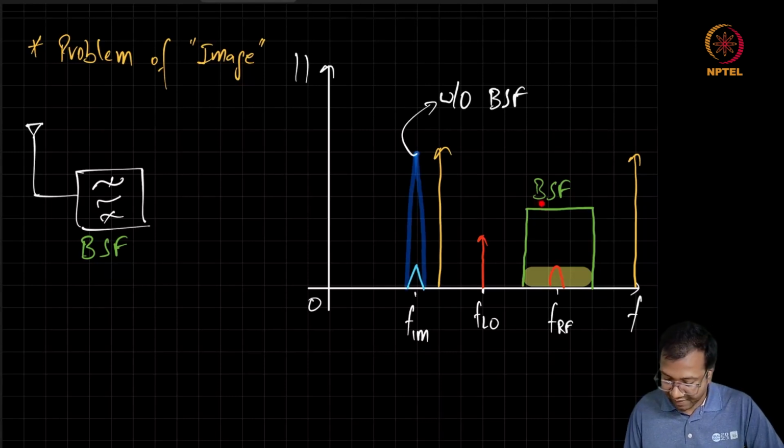So already this band select filter is trying to attenuate out of band signals as much possible, and definitely this attenuation is not infinite.